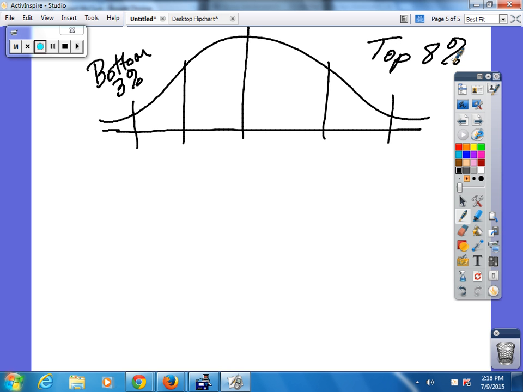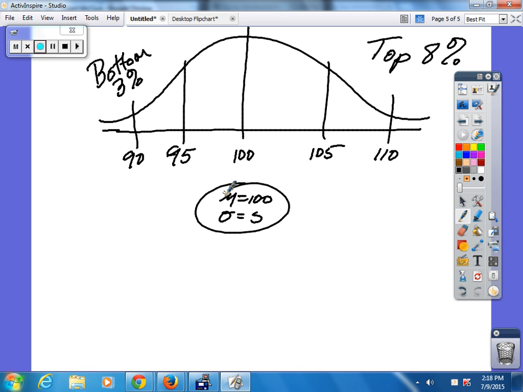And we've got a mean of 100 and 105 and 110, and 95 and 90. So you've got a mean of 100 and a standard deviation of 5. Okay, and I want you to find the bottom 3% and the top 8%.